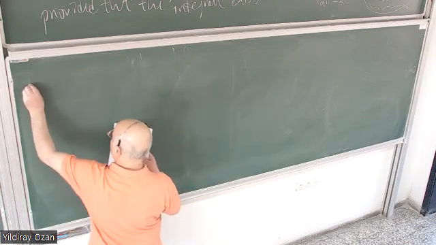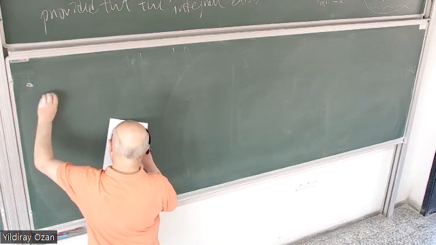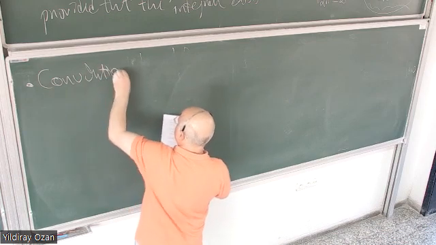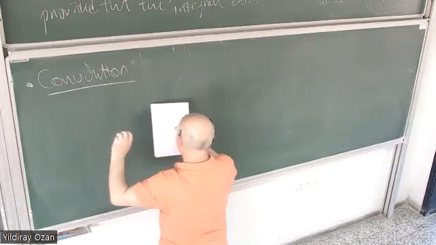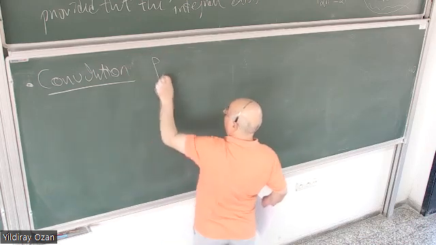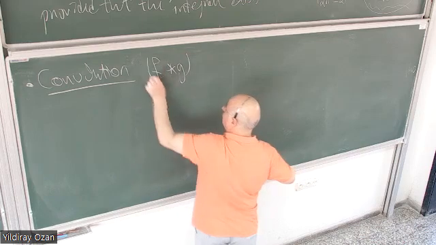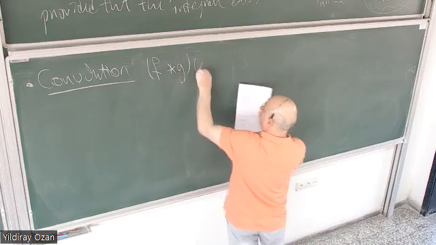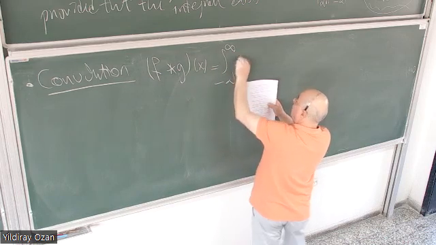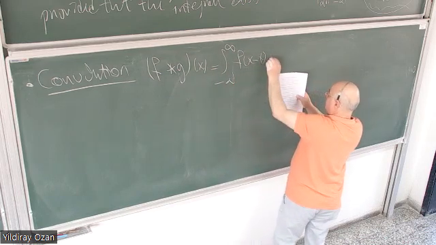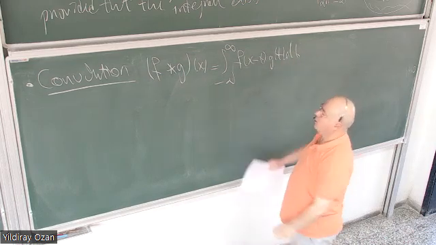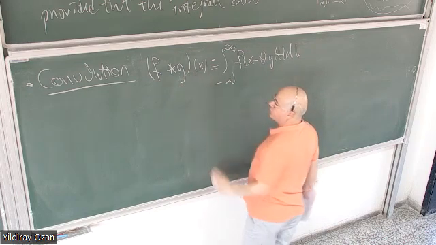Şöyle bir convolution şey var. Convolution. It's like Laplace transform. If we have two functions, then their convolution is defined to be this. This is the convolution. Okay, convolution of f and g.